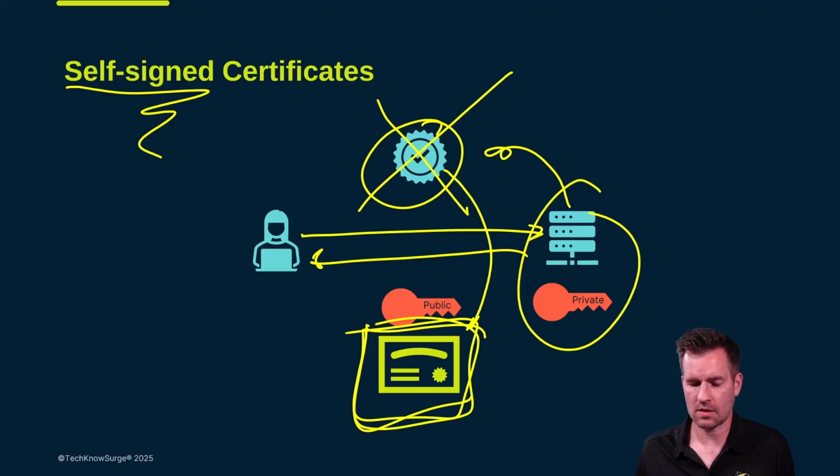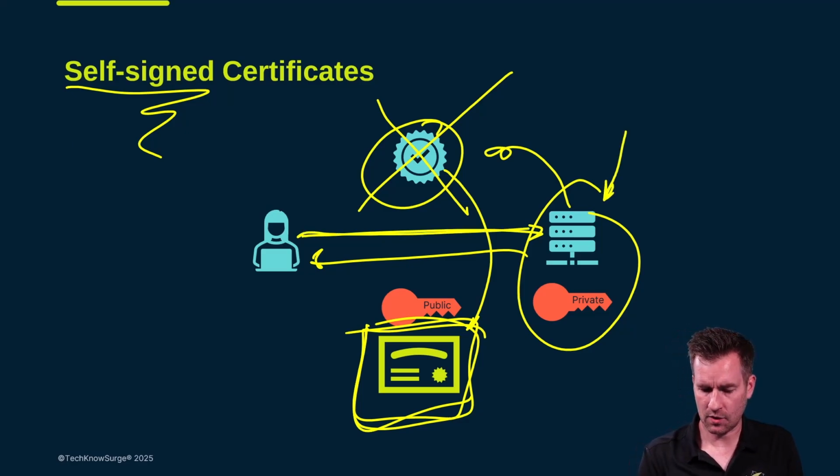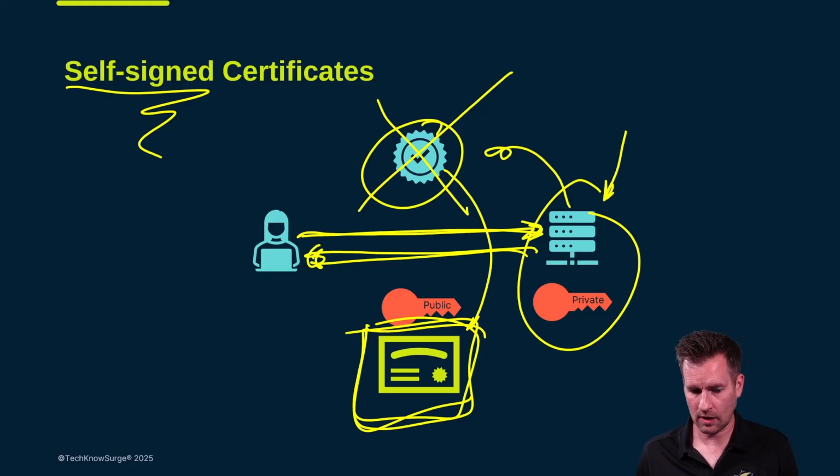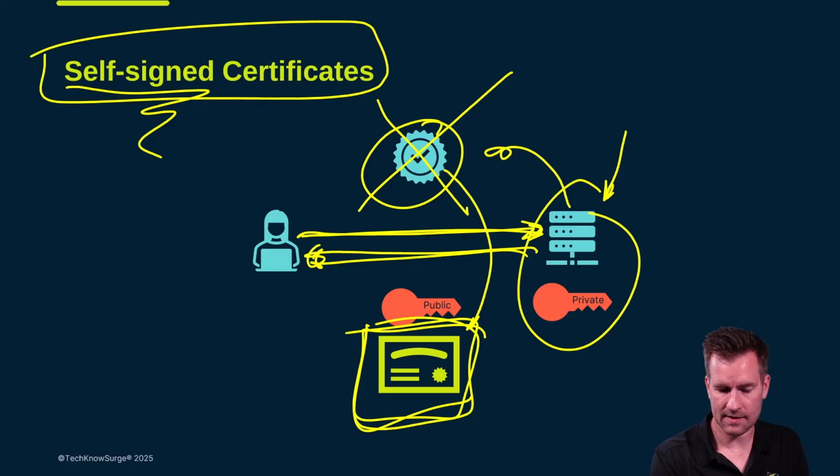Well, why would you want to use a certificate? Because so far right now, I'm saying that the certificate verifies the server. Well, we know what we're connecting to, but we do want maybe the communication between us to still be secure. We still want to encrypt it. So we still need a certificate that helps facilitate that process. So that's where we do a self-signed certificate.